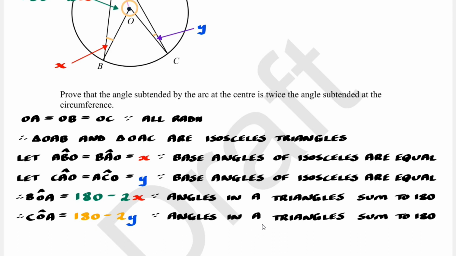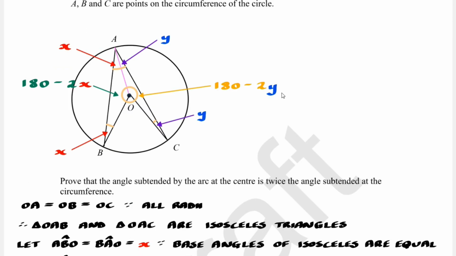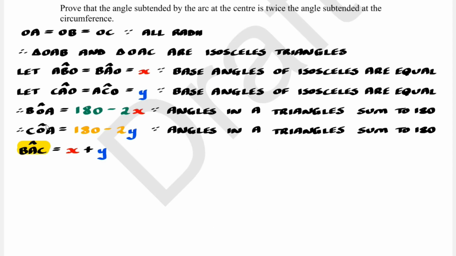The reason for that is angles in a triangle sum to 180. We can show that here. Now, the angle at the circumference, that's BAC, is the sum of x and y. So, BAC is equal to x plus y.